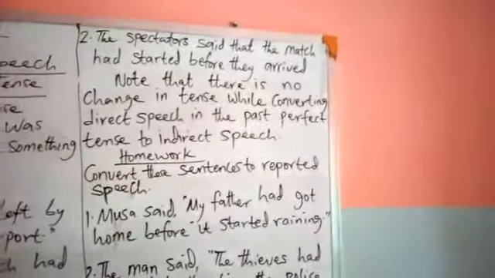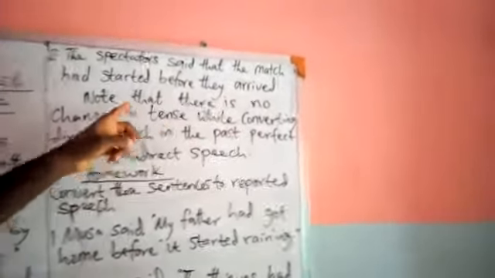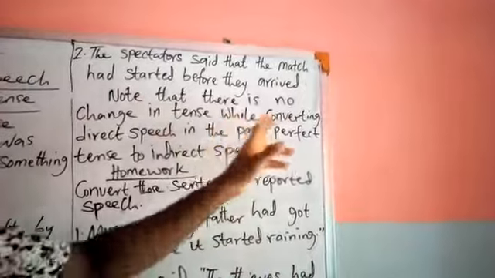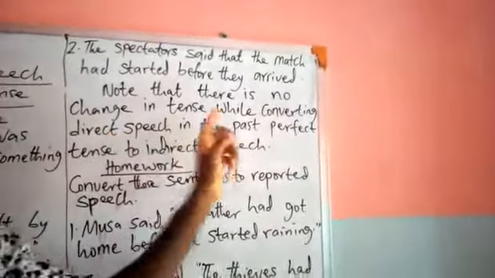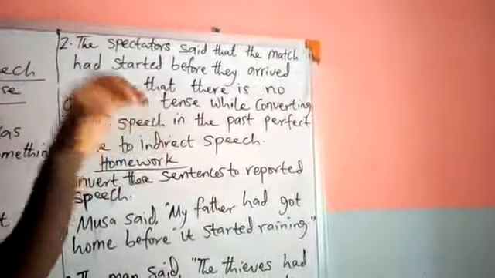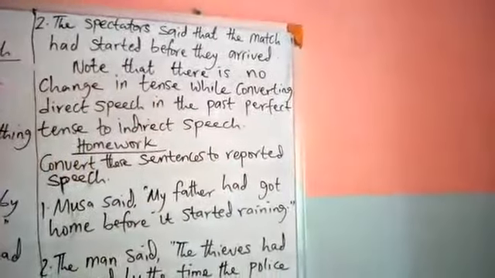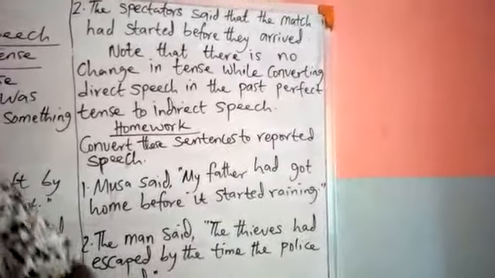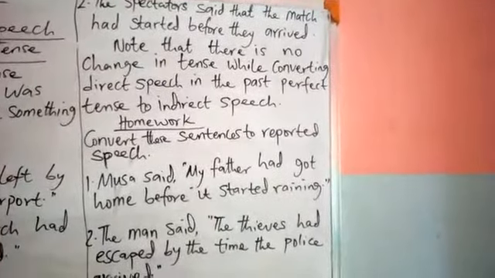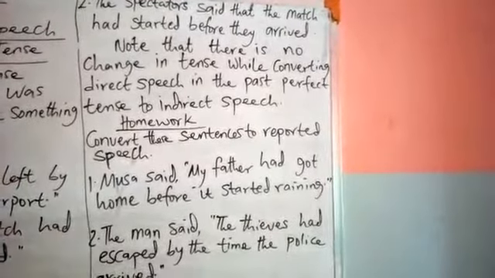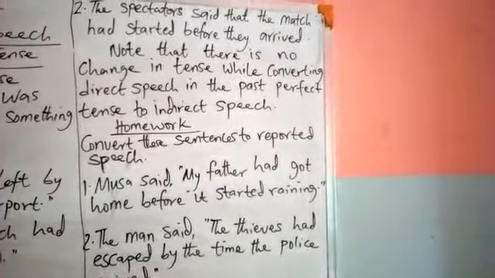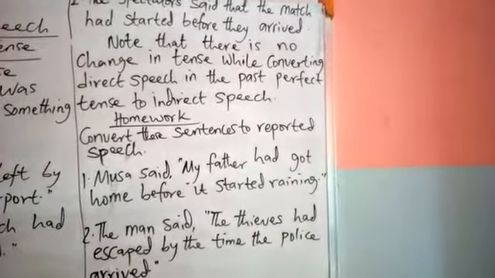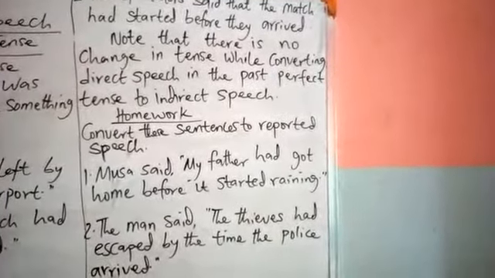That is why you have to take note that there is no change in tense while converting direct speech in the past perfect tense to indirect speech. But there can be a change in pronoun or even adverb. Alright, that is what you should take note of.